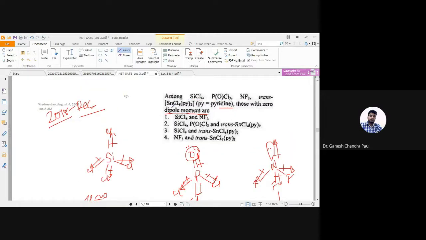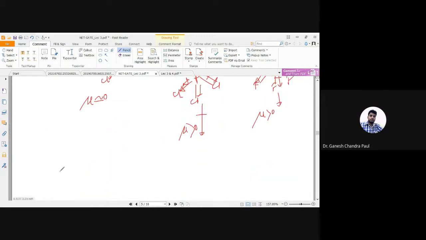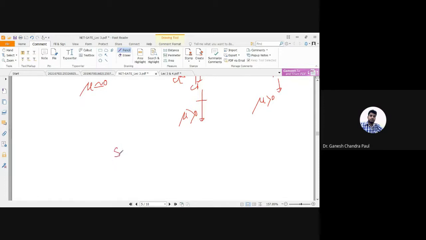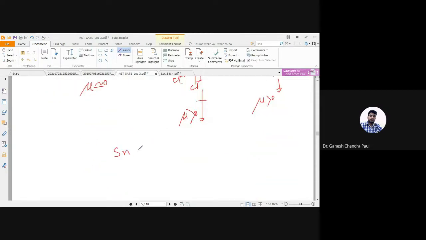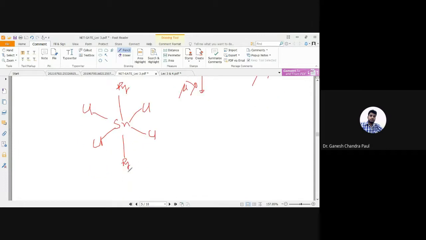And the last compound, trans-SnCl4(py)2, dipyridine tin tetrachloride. What is the structure? It has an octahedral structure. Now the conformation is given as trans, so that means 4 chlorides are present like this in the octahedral geometry, and 2 pyridines present in the trans position, right? So what is the dipole moment?